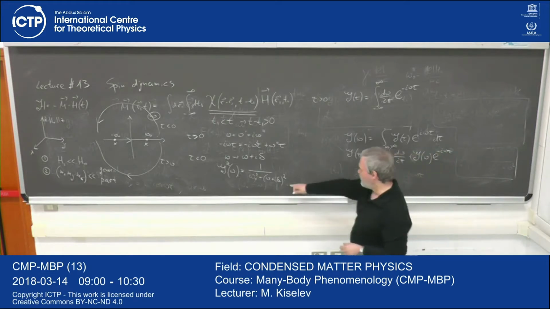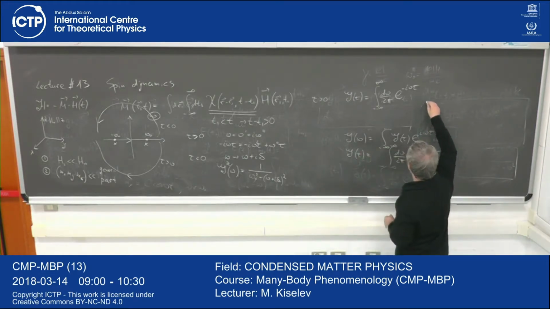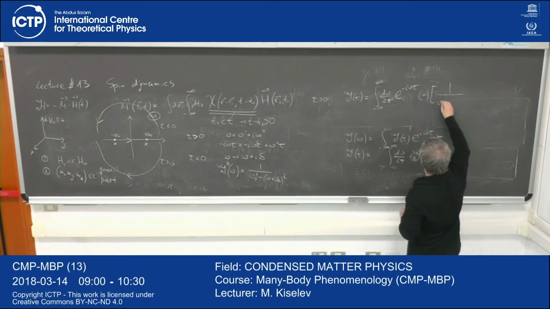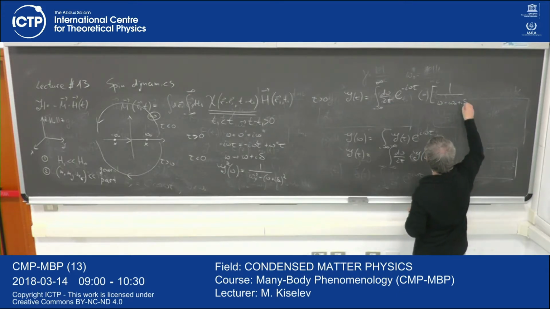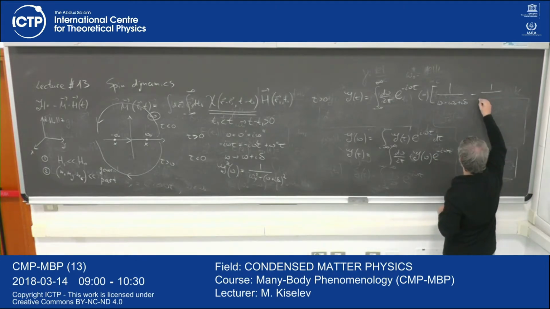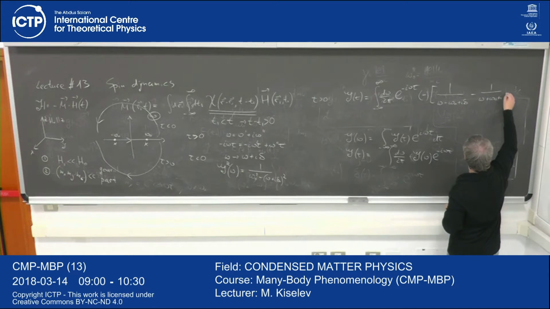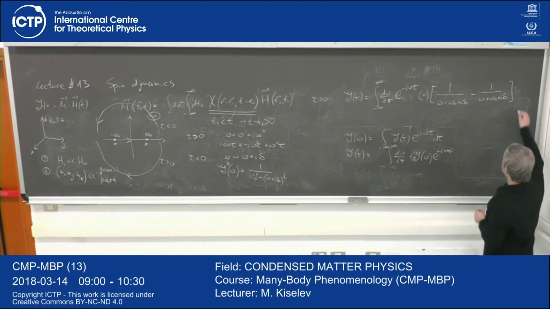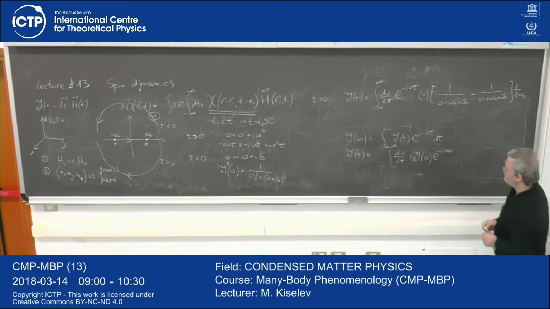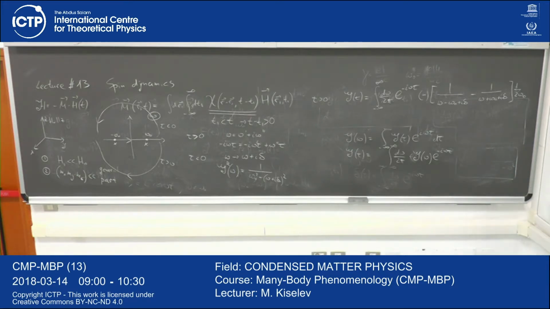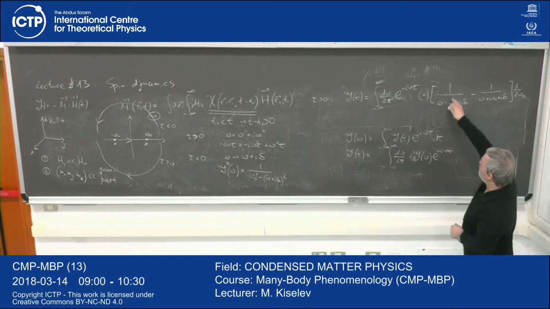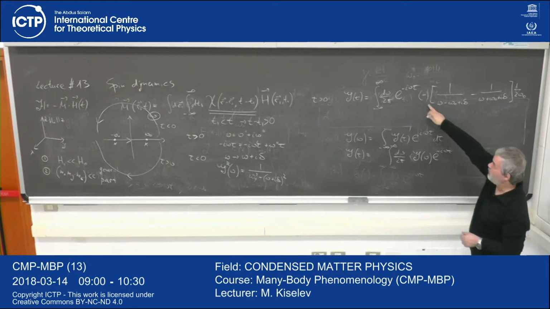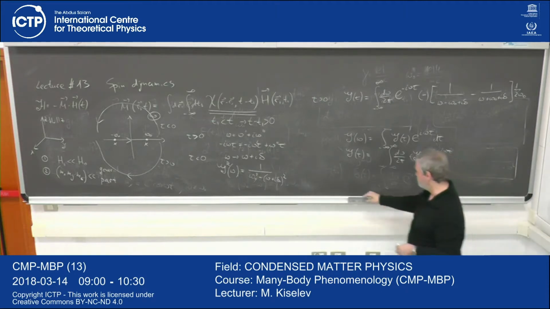And then let me write this as minus, I will write it as 1 over omega minus omega naught plus i delta minus 1 over omega plus omega naught plus i delta, and I need to divide by 2 omega naught. Okay? Is what I did correct? If I now collect the terms, I will have 2 omega naught divided by omega squared minus omega naught squared.